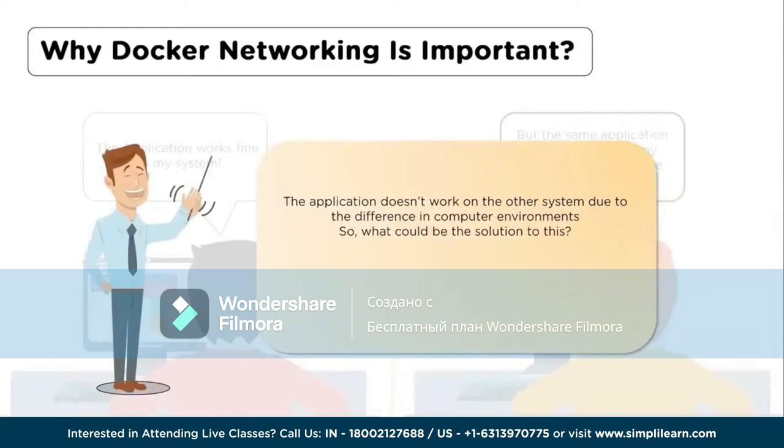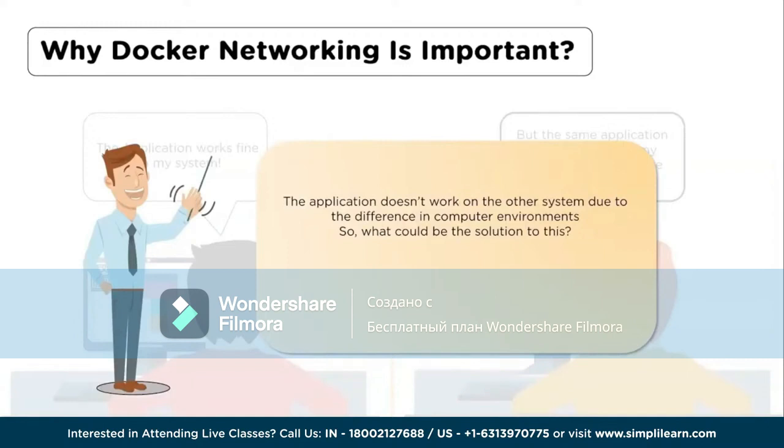The application does not work on another system because there is a difference in the computer systems. Maybe one system has a different machine from the other, and there may be differences in terms of hardware or software.